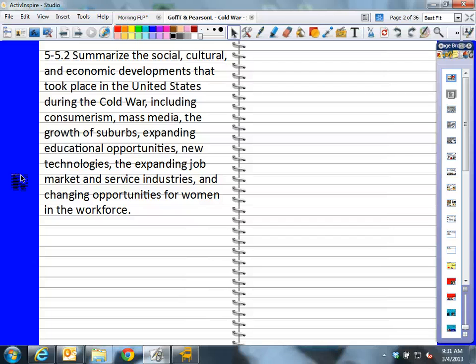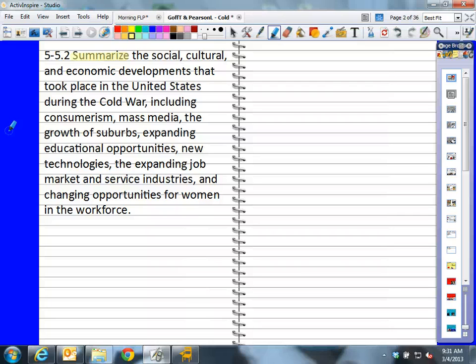If you notice, the verb here is to summarize, so you must be able to understand the content in a way that will allow you to pull together the things that we're going to be talking about.